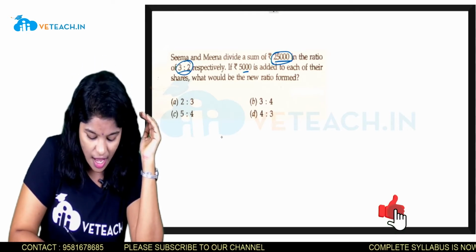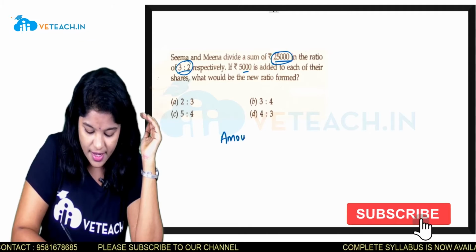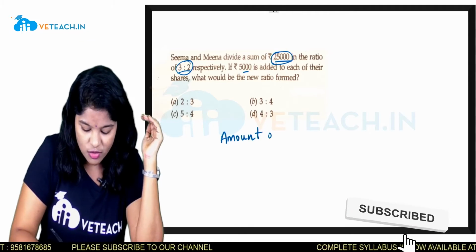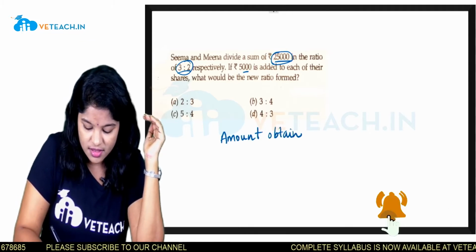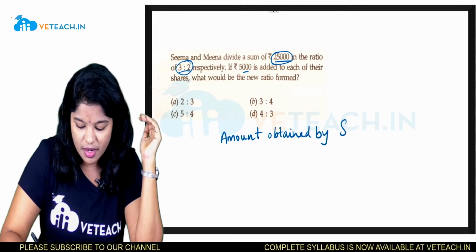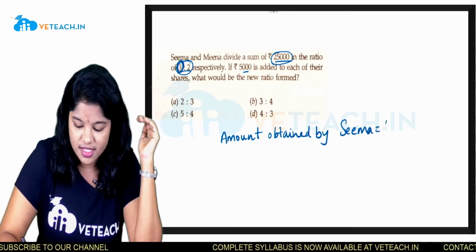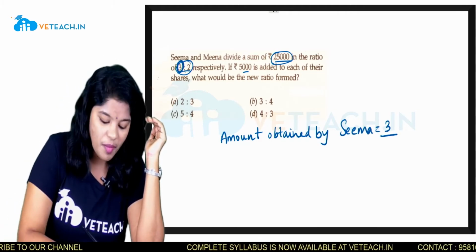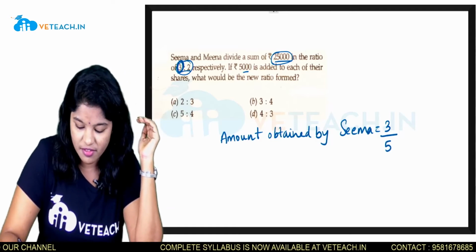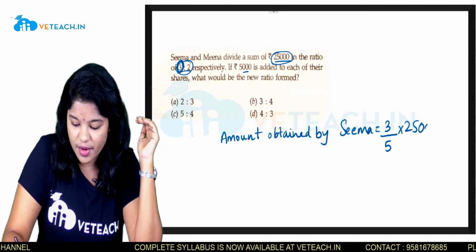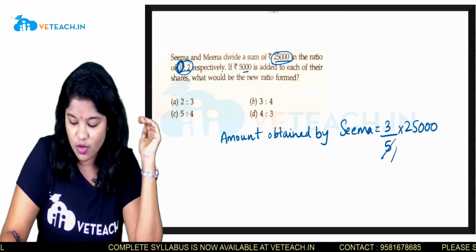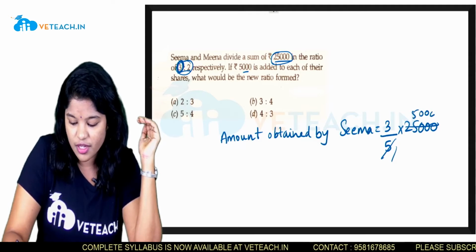So the amount obtained by Seema is nothing but the part of Seema, that is 3 by total number of parts 3 plus 2, so 5, into total amount 25,000 rupees. So 1 fifth is 5,000 rupees.